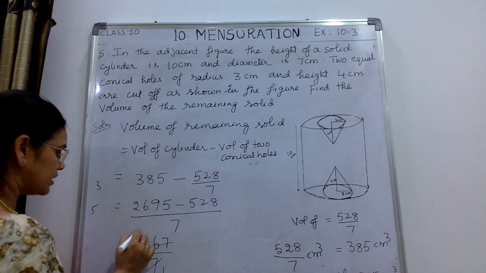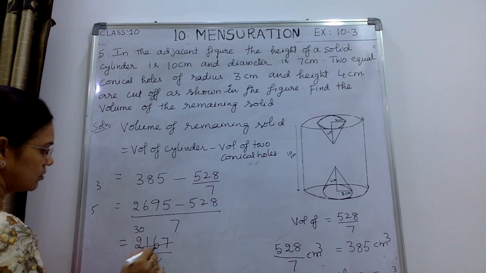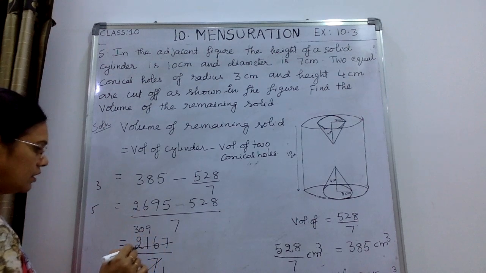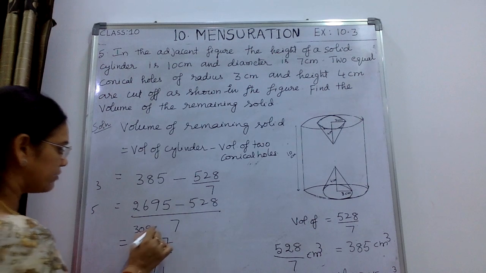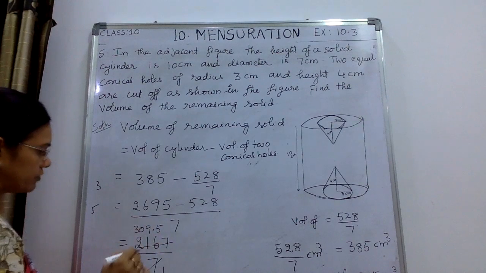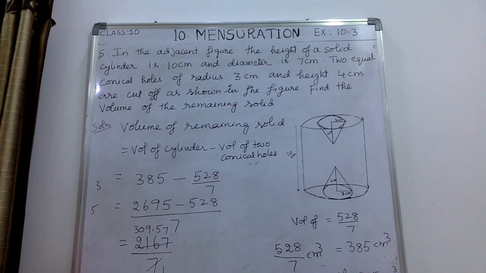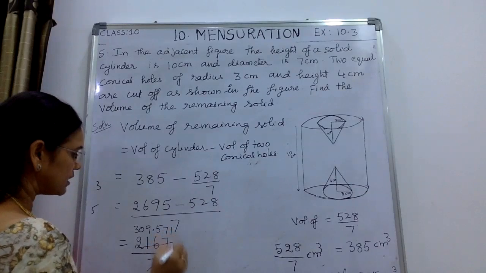7 1s are 7 here, 7 3s are 21. 0. 67 is there, so 7 9s are 63. 0.40. 7 5s are 35. 50. 7 7s are 49. So 10, 7 1s are 7.